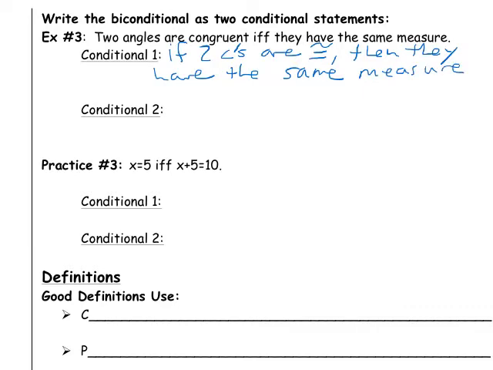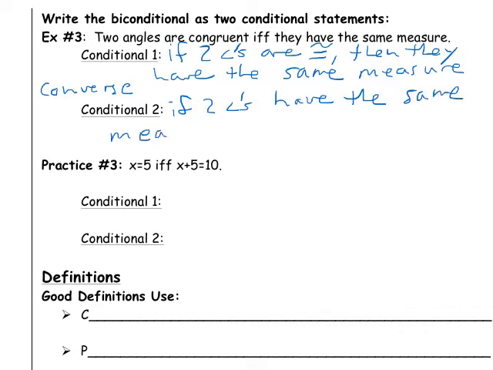And then the second conditional is just the converse of the first one you wrote. So we would say if two angles have the same measure, then they are congruent. There we go.